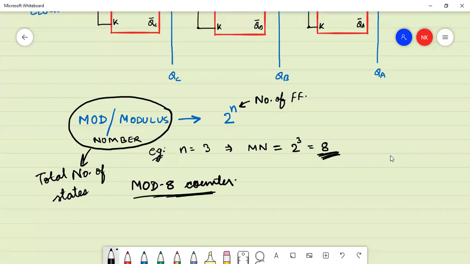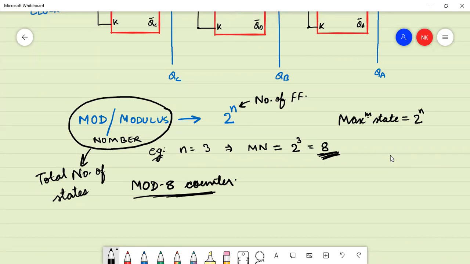It will have 8 states. And the maximum state, or the maximum counting, will be what?